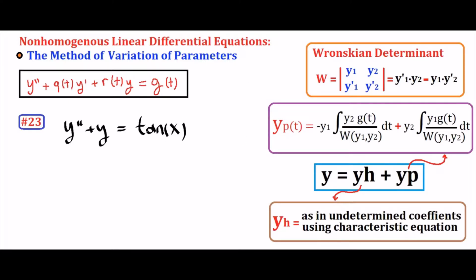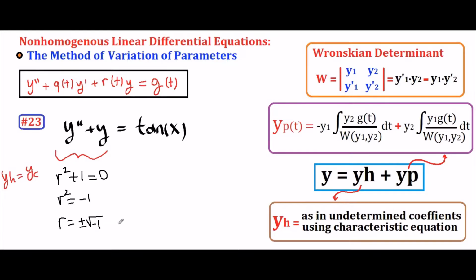We start first by finding the y complementary or y homogeneous. So our characteristic equation is r squared plus 1 equals 0. Now we're going to solve for r. r squared is equal to negative 1, and r is equal to plus or minus the square root of negative 1.